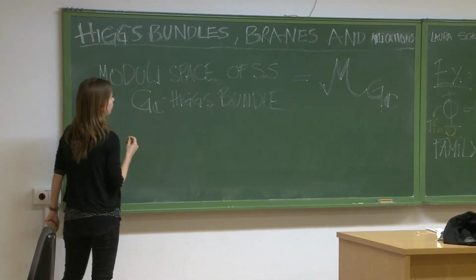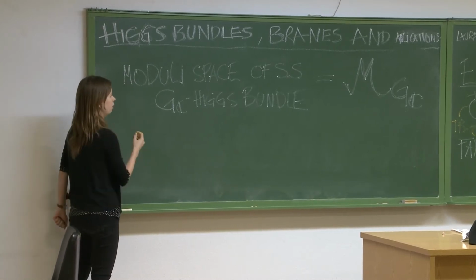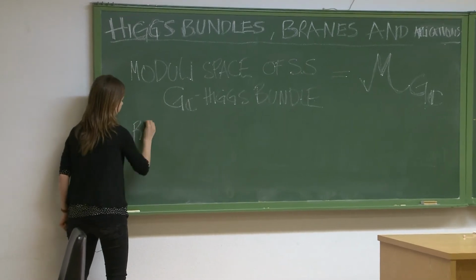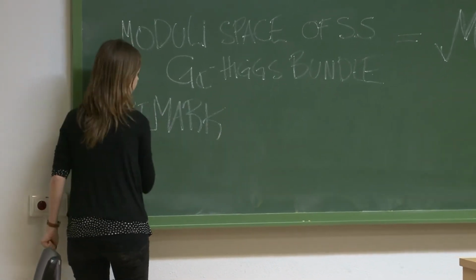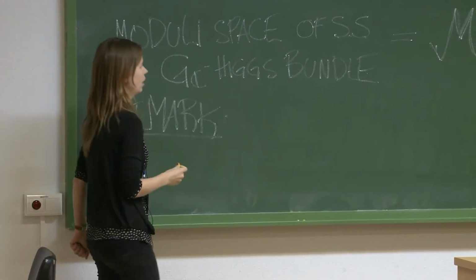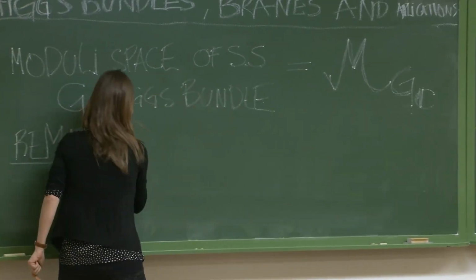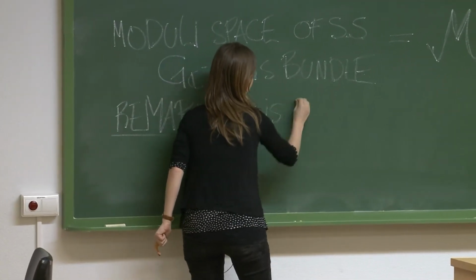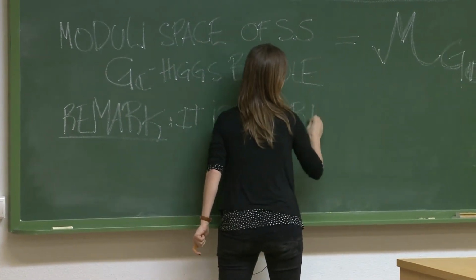And one of the properties that it has that's very interesting for us, and we'll carry on using it, is that it's hyperkähler. So remark, apart from being this quasi-projective scheme, whose dimension depends on the dimension of the group, it is hyperkähler.